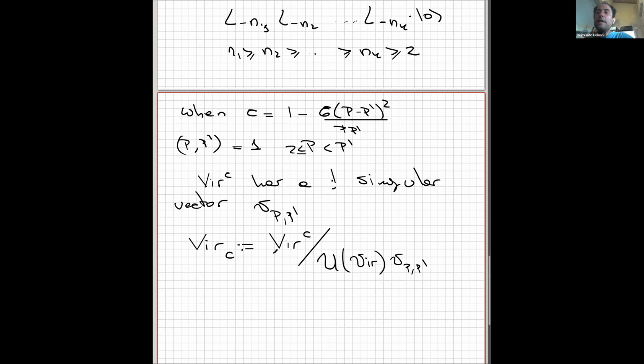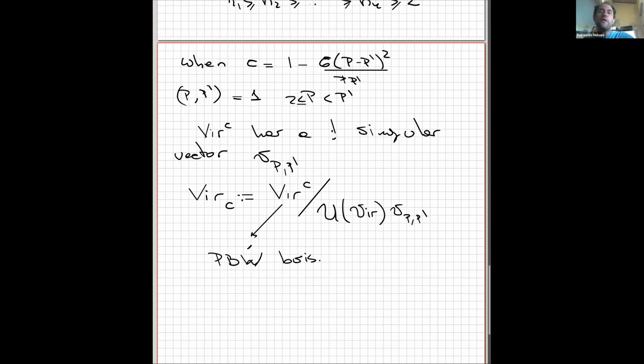Okay, so we had a PBW basis for this that was explicit. This guy inherits the same PBW filtration. According to this, if we choose an order for the basis, you're going to get a basis for this module, and that's the basic question that we have had since, I guess, the 70s.